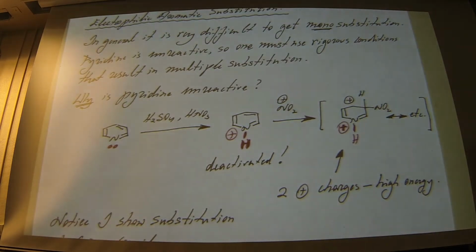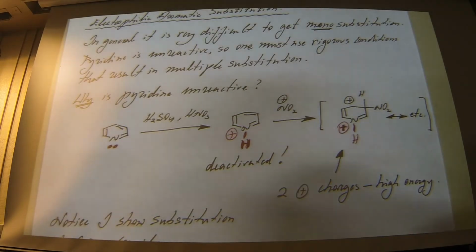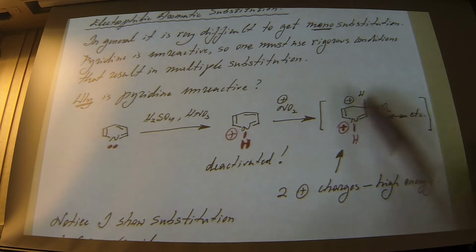To compensate, one typically uses really forcing conditions. But under those forcing conditions, it's sometimes difficult to control the number of substitution reactions that take place. You do one substitution and then sometimes a second one, so getting the monosubstituted product is kind of hard.